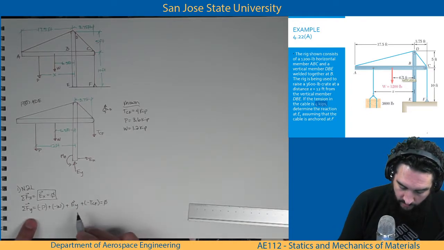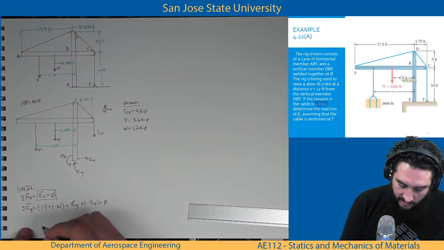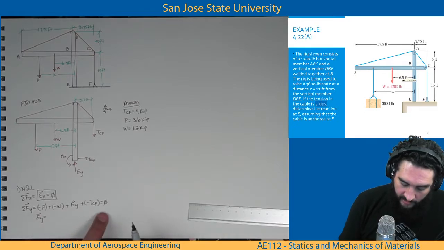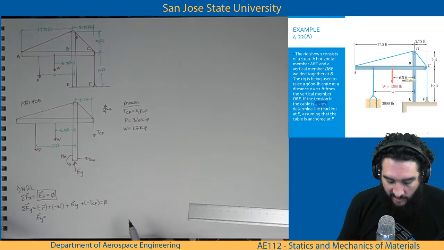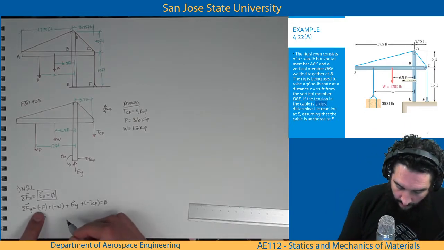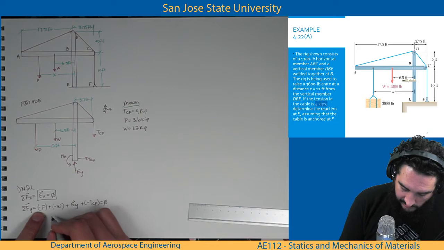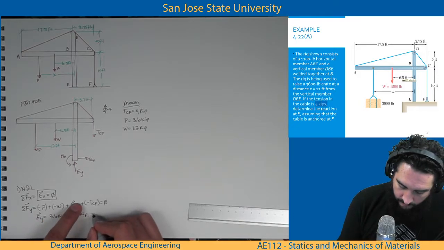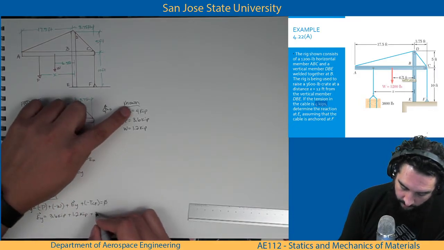So let's keep EY on the left-hand side, and I'll move everything else to the right-hand side. Everything is negative, so when I move it to the right-hand side, everything becomes positive. So P, 3.6 kip, plus weight, 1.2 kip, and TCF, 4 kip.